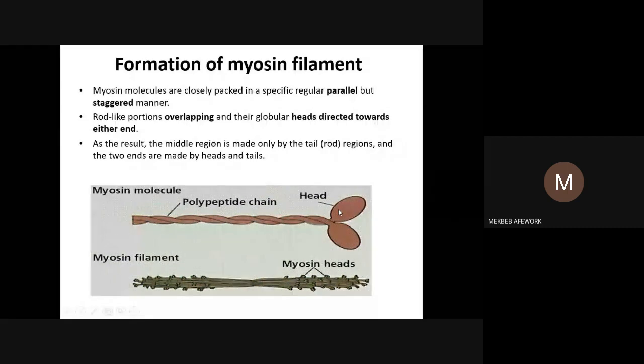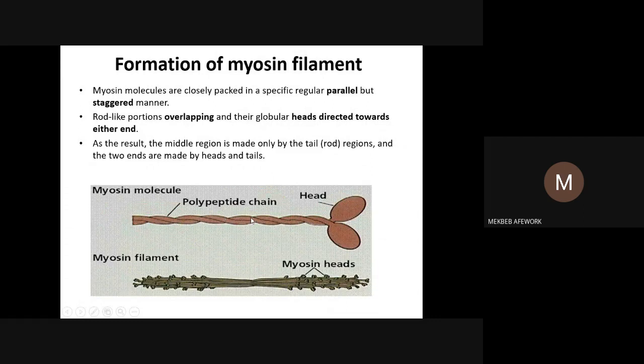It is association of this myosin head with its receptor over actin that would make the muscle slide past each other. So for this, we need to have the head located at a different location. So this tail, if it begins here, the next one begins a little bit ahead, the next one a little bit ahead, the next one a little bit ahead.